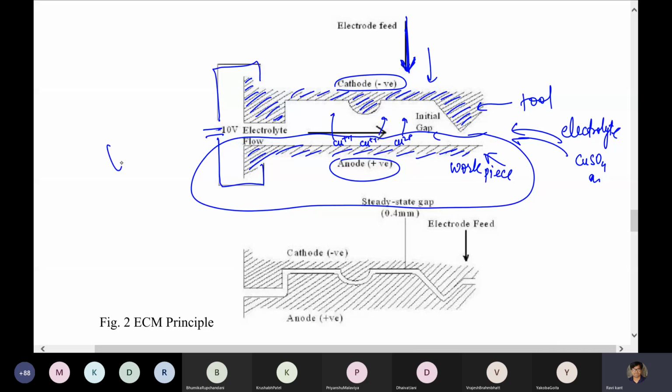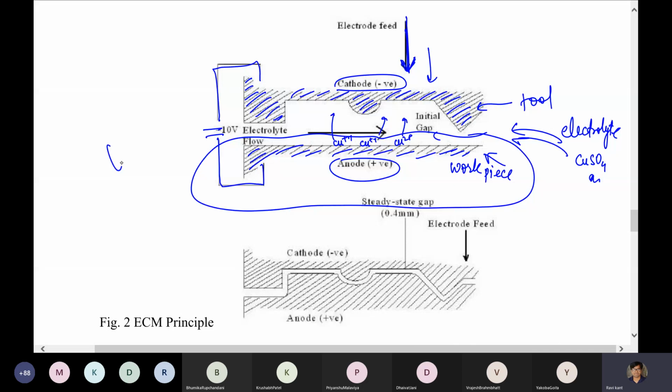So that video was more comprehensive, it seems. So we'll take copper, let's suppose, or aluminum. We start with the power supply. Your electrolyte reservoir pumps your electrolyte into the gap between tool and workpiece, and excess electrolyte is again collected in the reservoir, and this keeps on going.